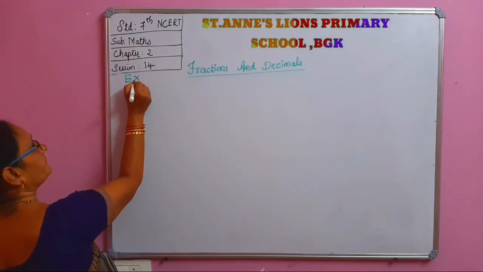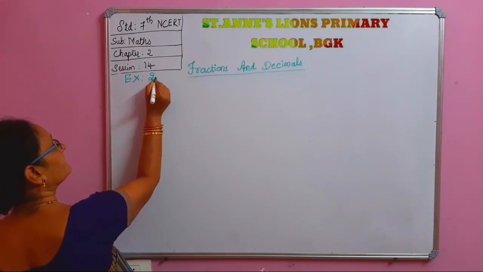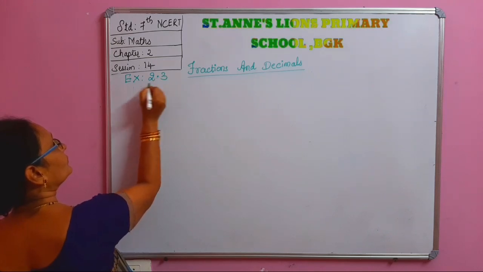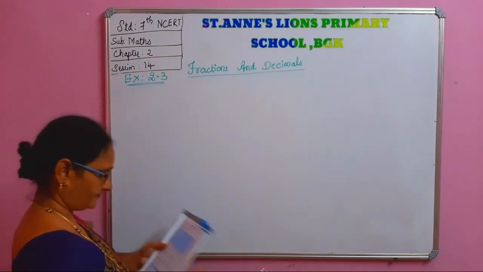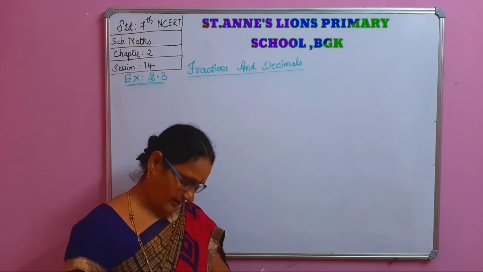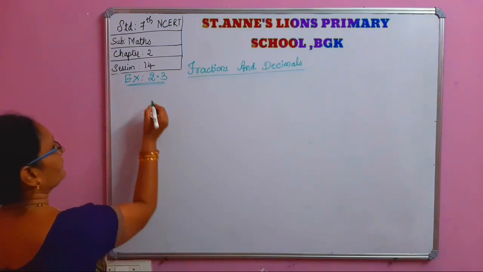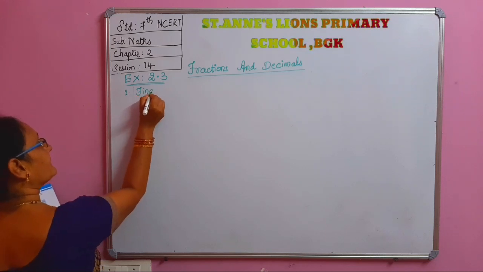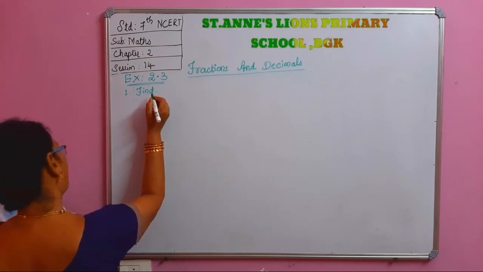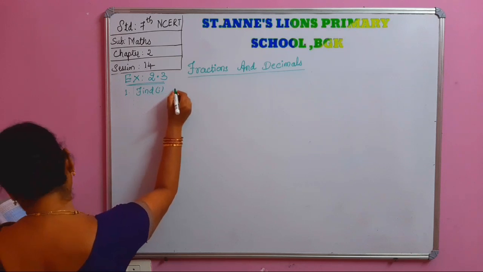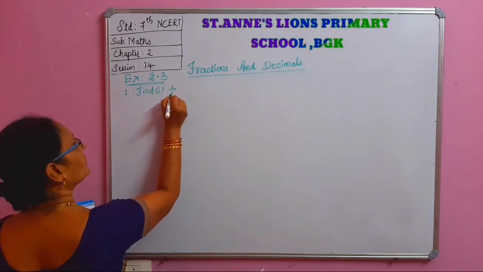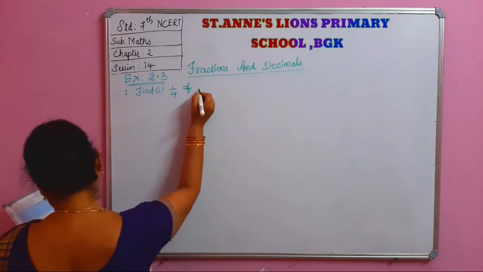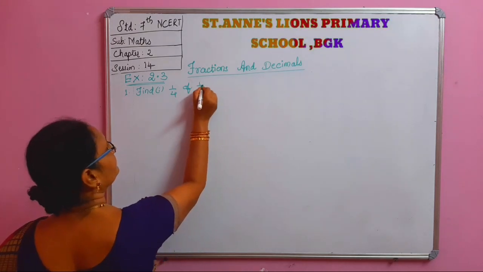Exercise 2.3. See here in the first main question, find. In that, the first one is 1 by 4 of 1 by 4.